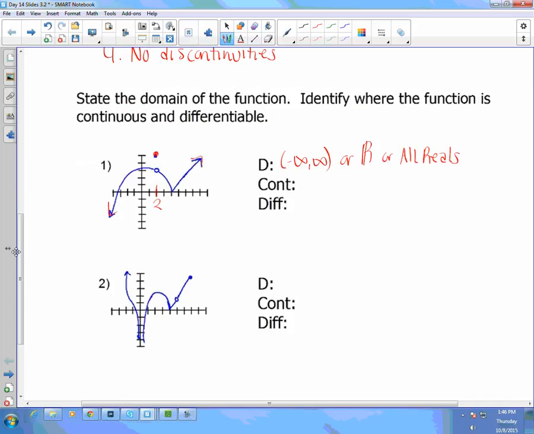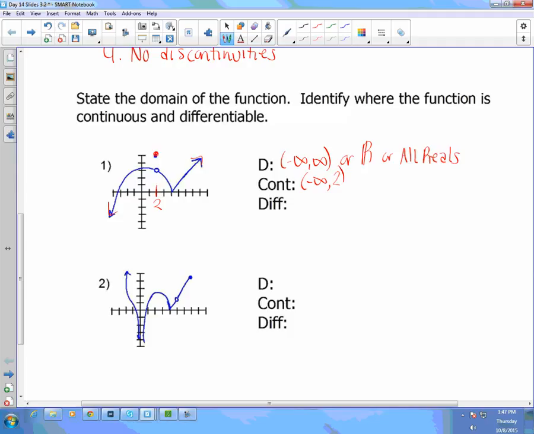Okay, so let's write our interval of continuity. That's our lowest bound. Negative infinity. Parenthesis or bracket? Parenthesis, because we can't include infinity. And then it stays continuous until you get to which x value? 2. What should I put on the 2?